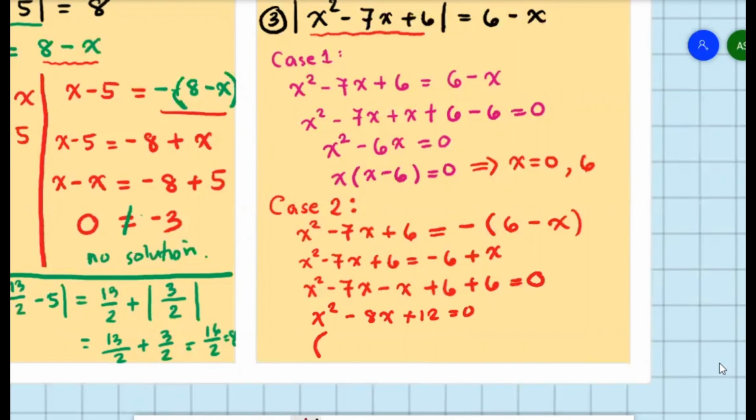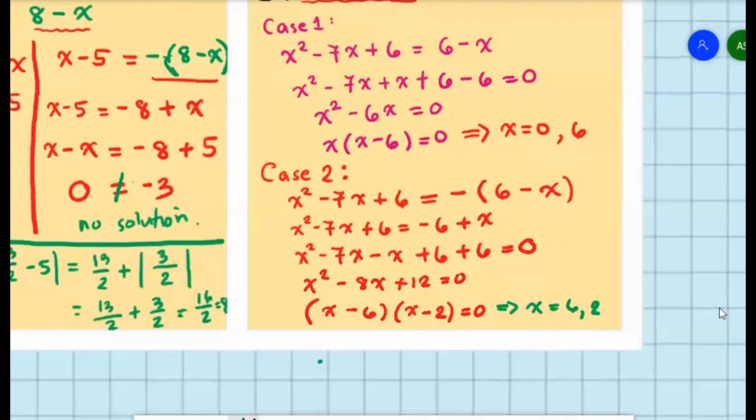Using factoring, which you have learned in maths already, this will give us x minus 6, x minus 2 is equal to 0. So therefore, possible values of x here are 6 and 2. So in the end, as your conclusion, possible values of x are 0, 6, and positive 2.